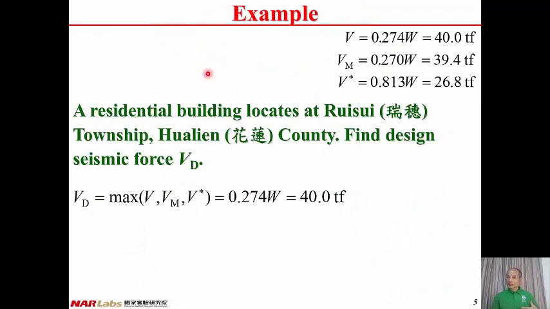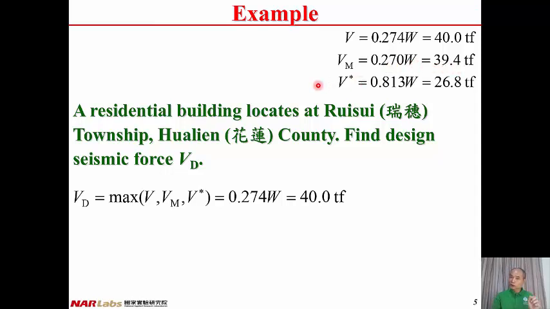And back to the example from the previous lecture, we have V equal to 0.274 W equal to 40 ton force. That's the design basis seismic force. And the maximum considered seismic force VM equal to 0.270 W equal to 39.4 ton force.